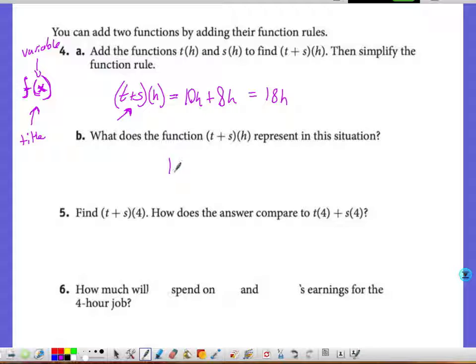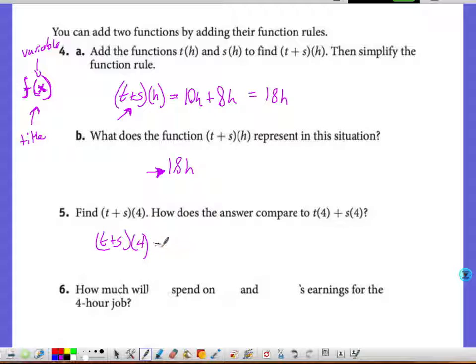And what does 18h represent? I'm going to leave it for you to decide what 18h represents. Now it wants us to do t plus s of 4.